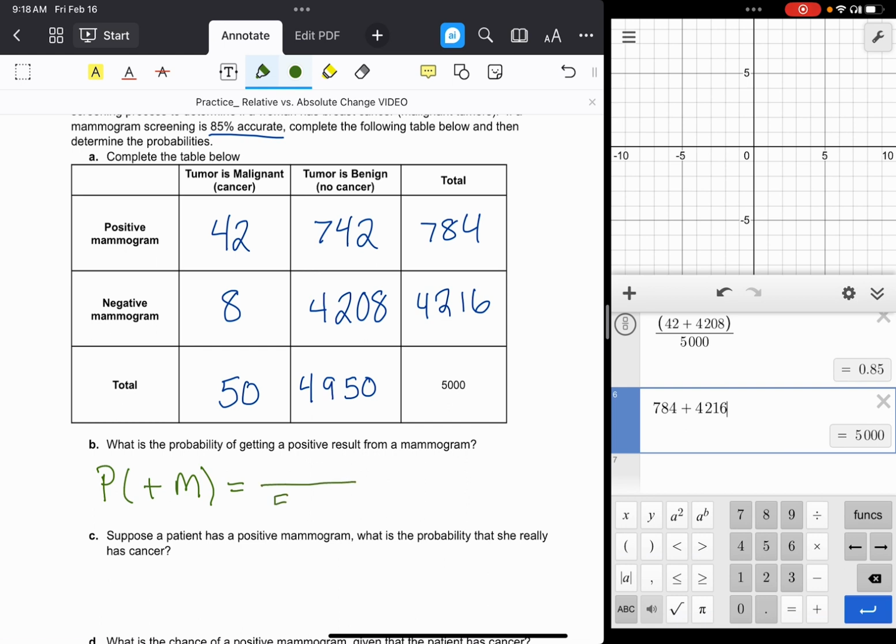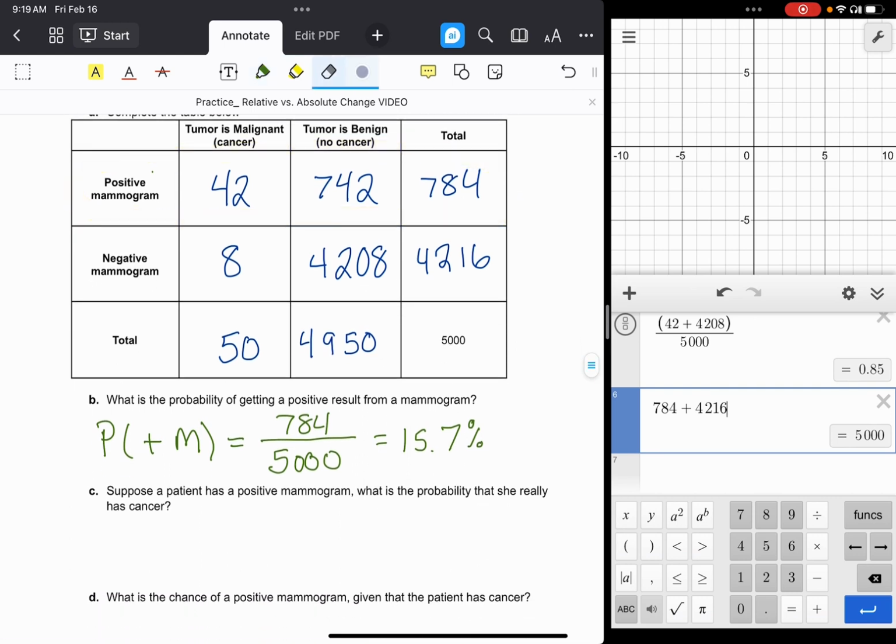We're looking out of the group of 5,000, and positive mammograms would be everyone in that top row. So that's 784 out of my 5,000. And if I put that in a calculator, I would get 15.7%.